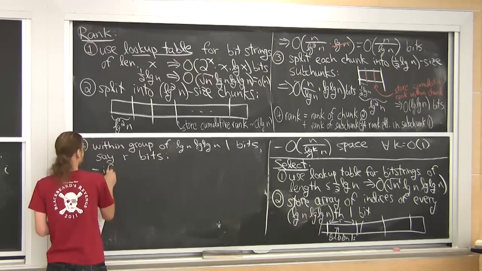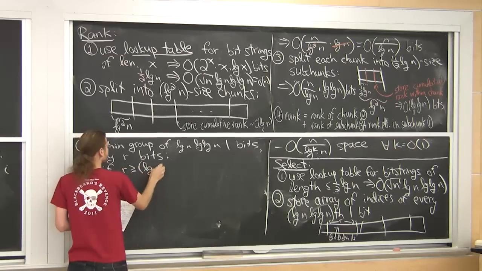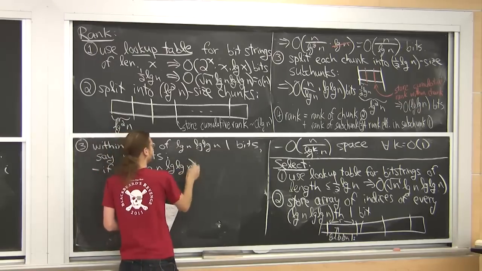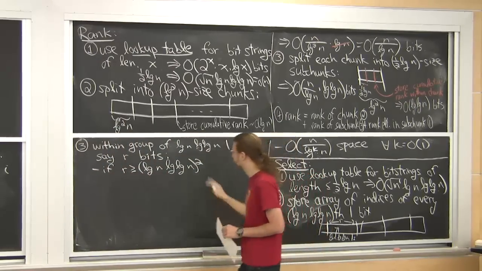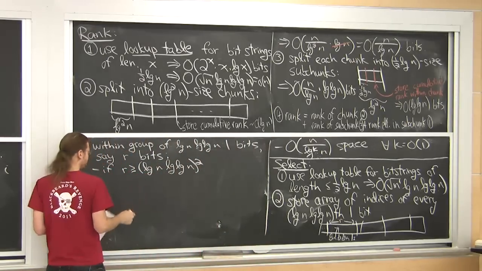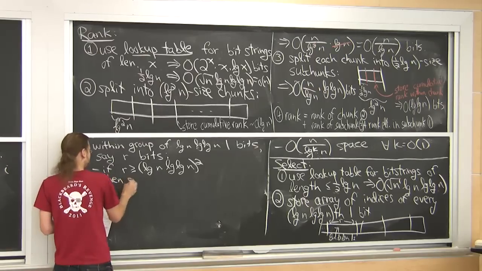Then there's 2 cases. If r is big, we're done. How big? Well, if it's at least the square of the number of 1 bits, that means it's very sparse. Only square root of the bits are 1s, the rest are all 0s. Then I can afford to just store all the answers.